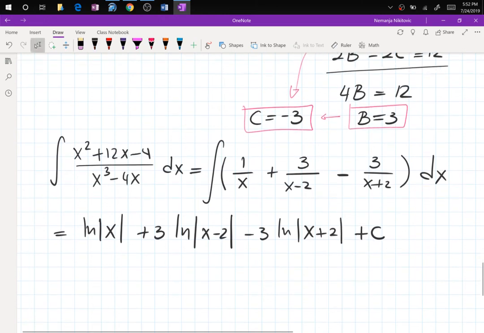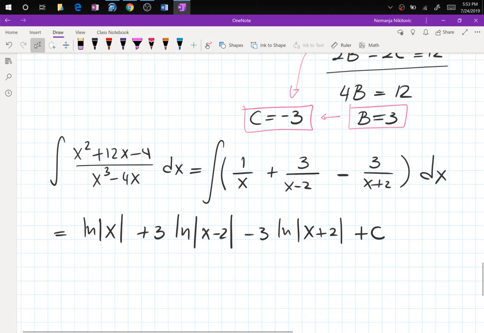So yes, the problem is over, but then you still can simplify. If you pull the 3 in front of those two ln's, you realize that you have ln and ln, and they can actually combine into a single ln with those formulas that either compress or expand logs.